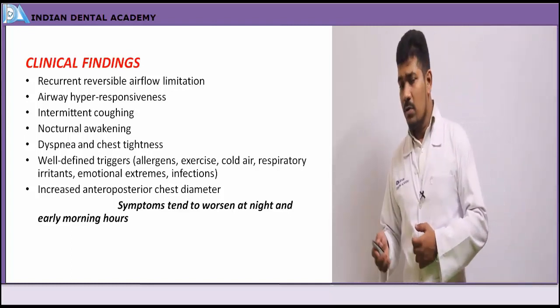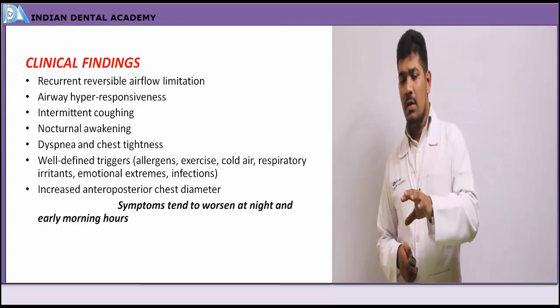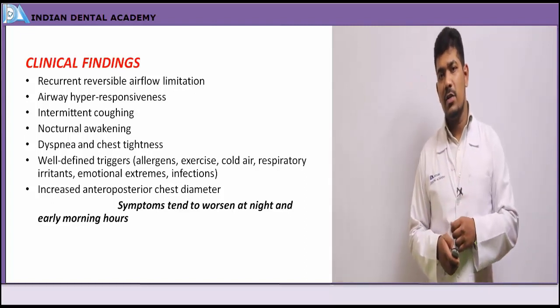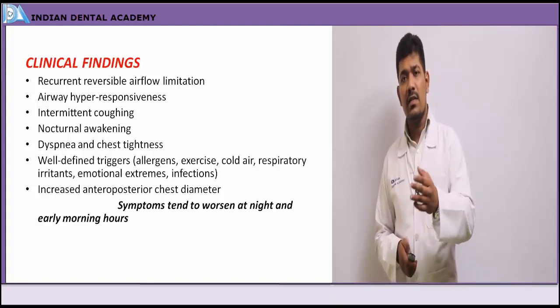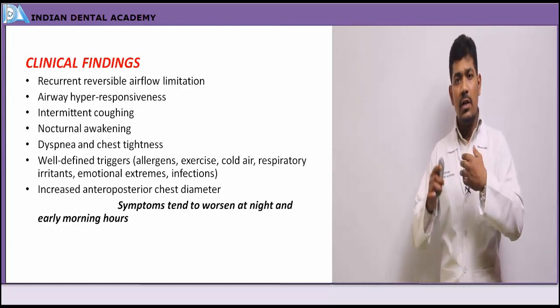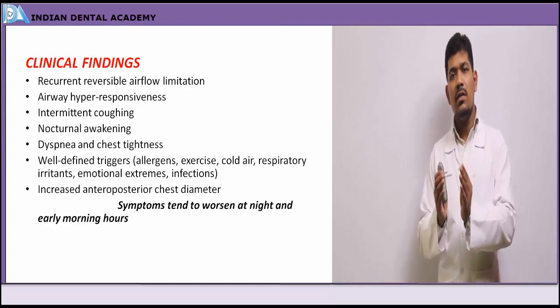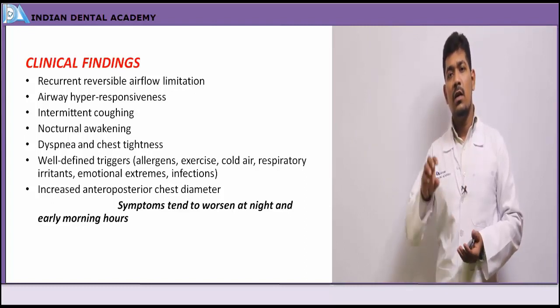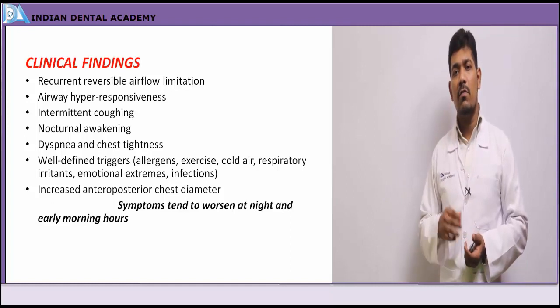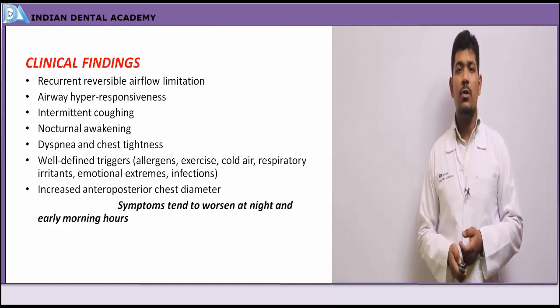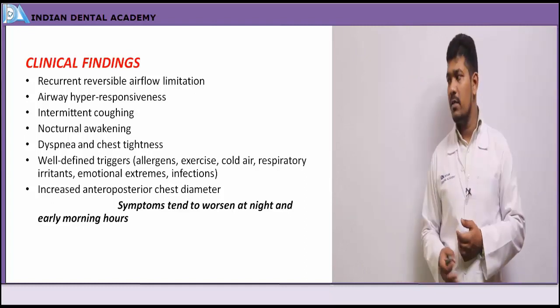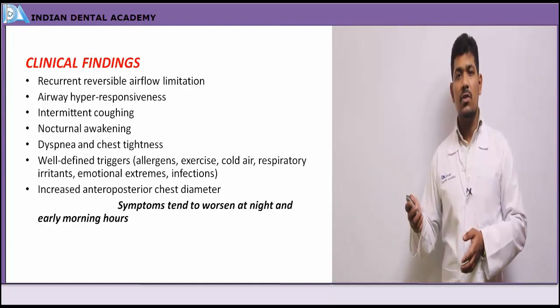Also, a few well-defined trigger factors are present for this condition, such as allergens, exercise or cold, anything which constricts the musculature responsible for the airway passages. Typically the symptoms tend to worsen at night because of cool air and in the early morning hours, which is obvious.